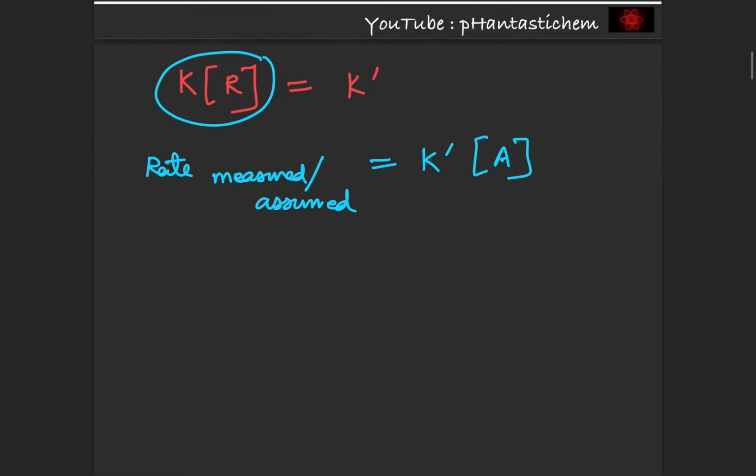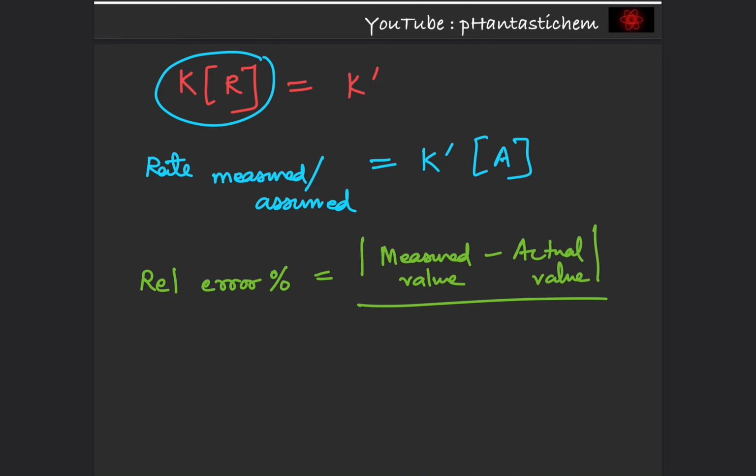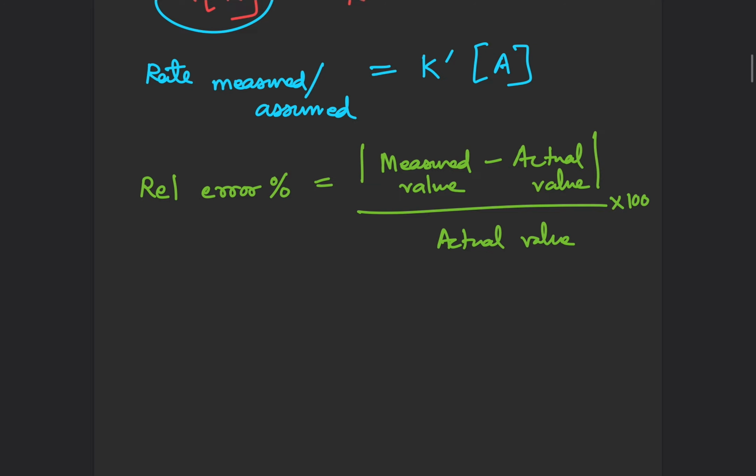In the question, they are asking us to find the relative error in percentage. So the formula for relative error in percentage is mod of measured value minus actual value, divided by the actual value, into 100. So this is what we are supposed to calculate.